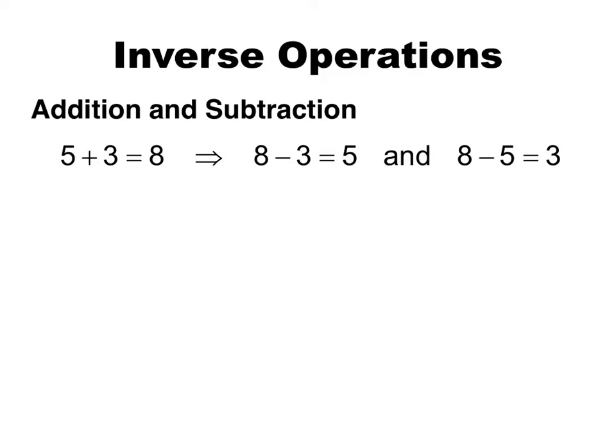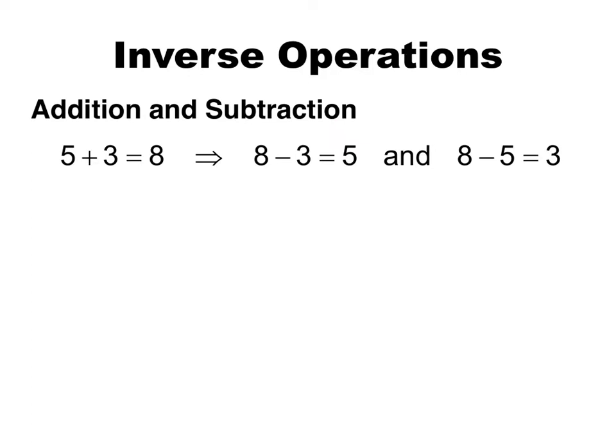Now we said that multiplication and division are like opposites of each other. In technical mathematical terms we call them inverse operations. Now addition and subtraction are inverse operations, so let's make an observation about an addition problem and the related subtraction problems. Let's take this addition problem, 5 plus 3 equals 8.